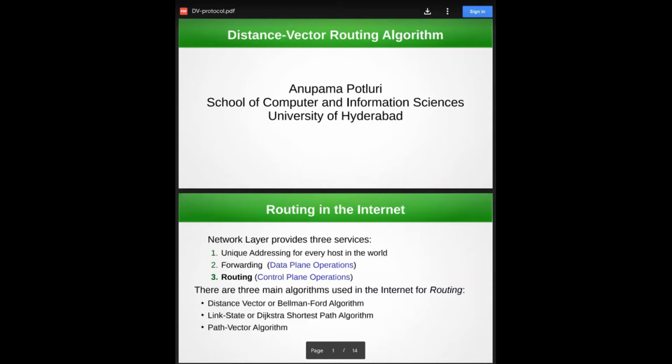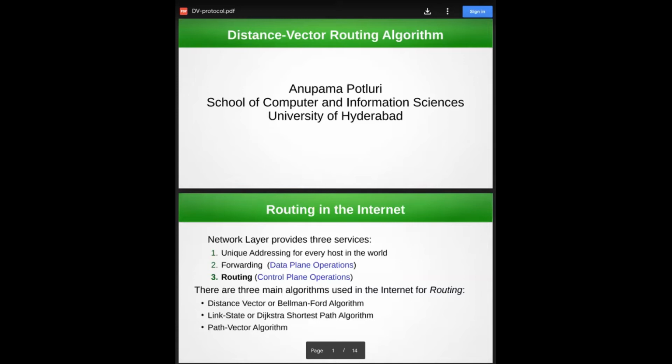The distance vector algorithm and the link state algorithm are examples of algorithms implemented in a single autonomous system. The protocols corresponding to them are the Routing Information Protocol, RIP, which is the distance vector algorithm, and the Open Shortest Path First protocol, OSPF, which uses the link state algorithm.